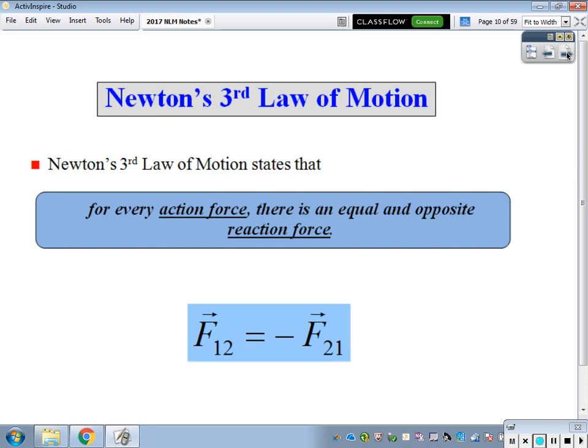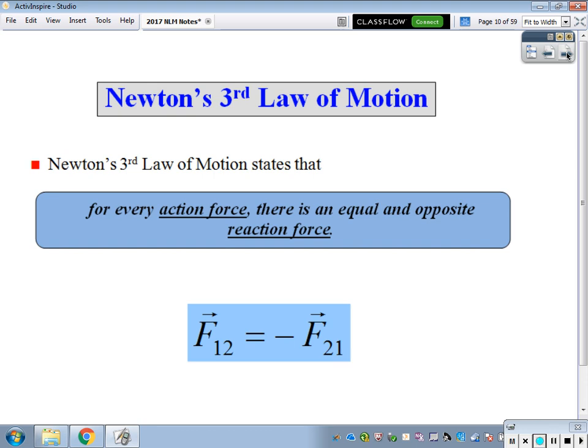The force 1, 2, not F12, the force 1, 2 is equal to and opposite in direction to force 2, 1. Does everybody see the equals negative piece of that now? The two forces are equal and they point in opposite directions.